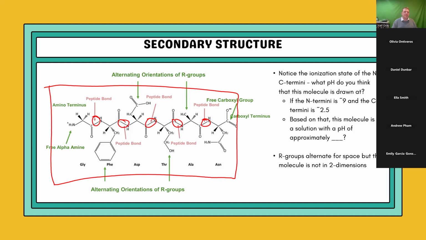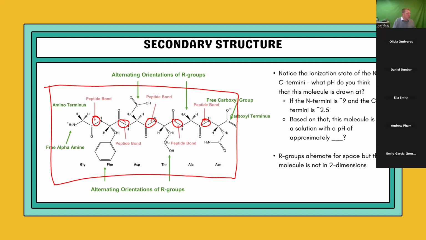When something is resonance stabilized, it's not going to have the same properties as a single bond, or as a double bond. Instead, it's kind of in the middle. So it's longer than a double bond, but shorter than a single bond. Now, with that in mind, these peptide bonds are very rigid. They don't have a lot of movement. But every other bond on this molecule has some rotation.